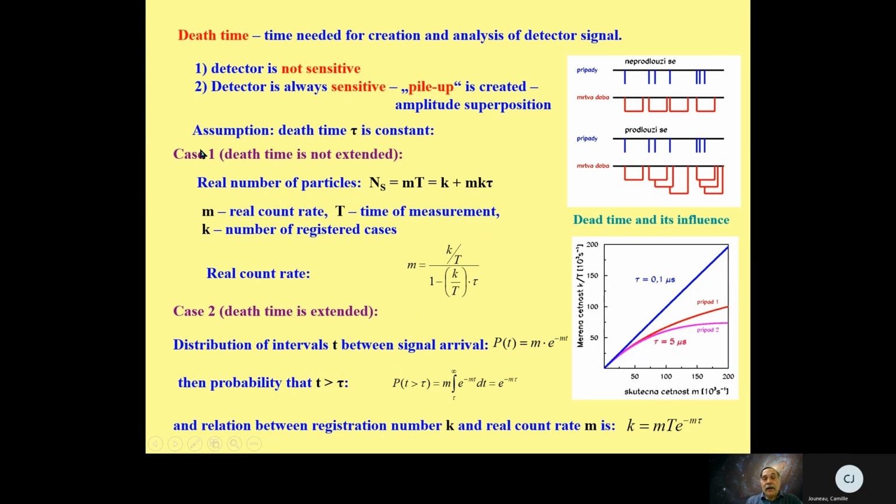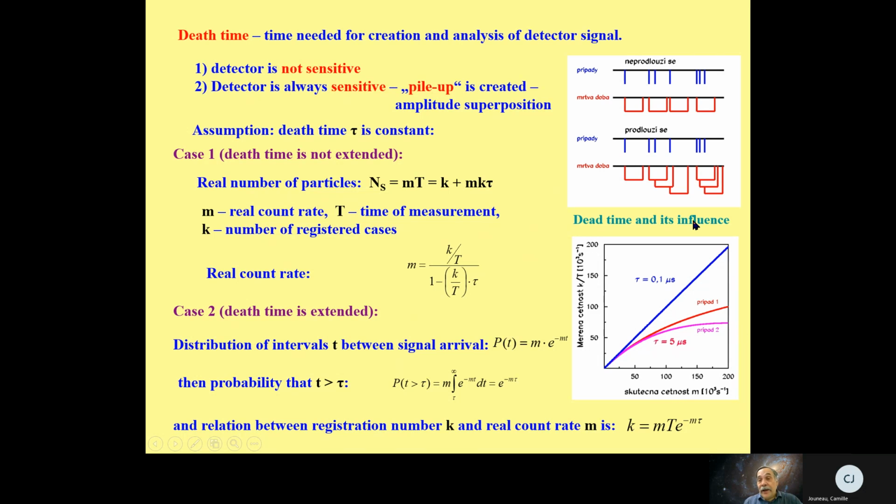The first case, in which dead time is not extended, is here. And here is the dead time of 5 microseconds. That means it is more than 1 order longer dead time. And it's necessary to say that dead time, for example, for semiconductor detectors is approximately a few microseconds.